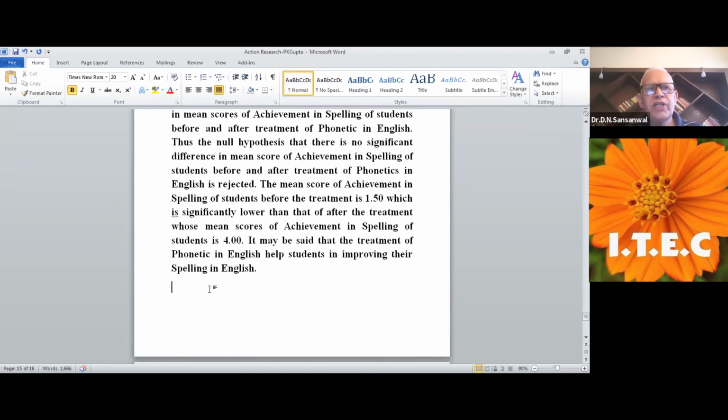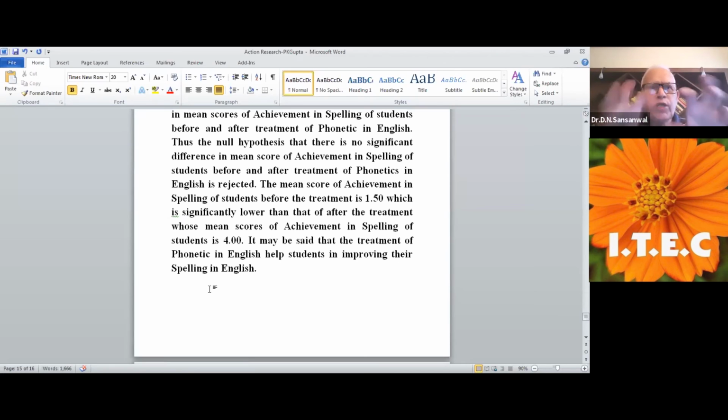Now I was giving you another example. If you are teaching in a school where you have 2 sections, and by chance, both the sections are having the same type of problem, then what you can do is, out of those 2 sections, 1 section you can give the treatment and another section you do not give the treatment. But there are remote chances of such a situation.